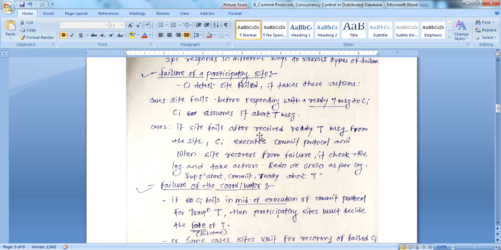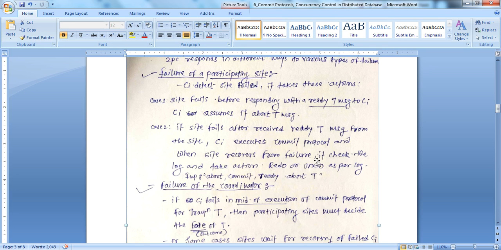If the site is not responding, then CI considers that T is aborted. If the site fails after CI receives the ready T message from the site, CI executes the commit protocol, and when the site recovers from the failure, it checks the log and takes the action, redo or undo, as per the log. The important thing is abort, commit, ready about T. If a particular site fails after sending the message, then it recovers, and again does redo or undo operations, and updates that particular log.